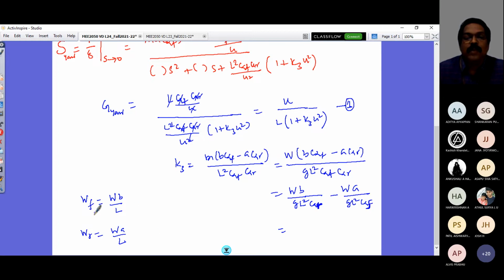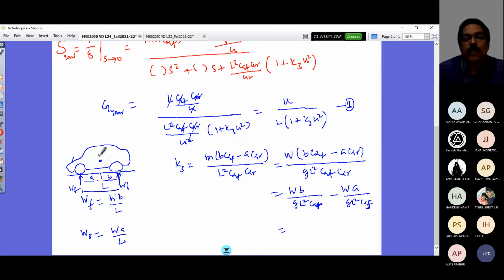And you know, these two are from taking a vehicle. This is my vehicle on the road surface, and this vehicle's normal loads W F and W R can be represented by, if this is my CG location, this is A and this is B, and total length is L, the wheelbase.